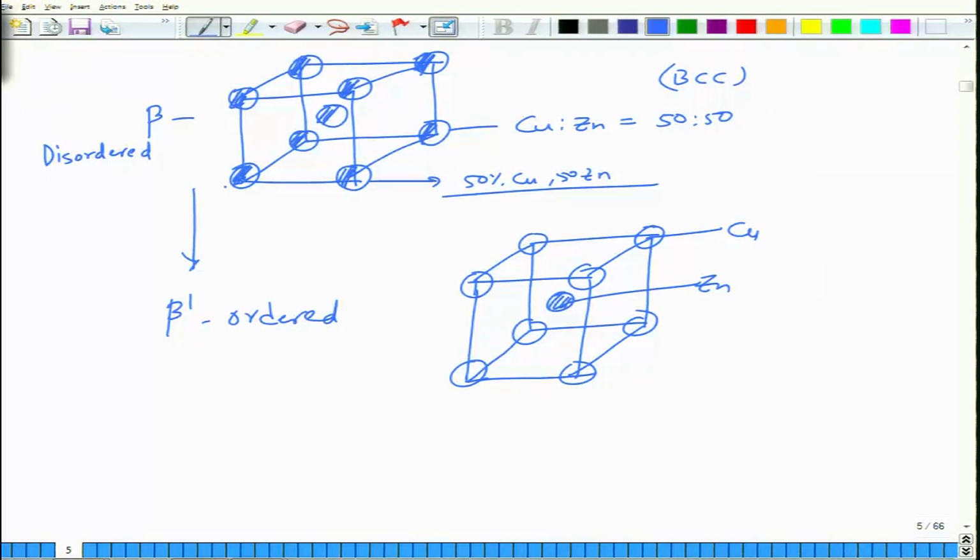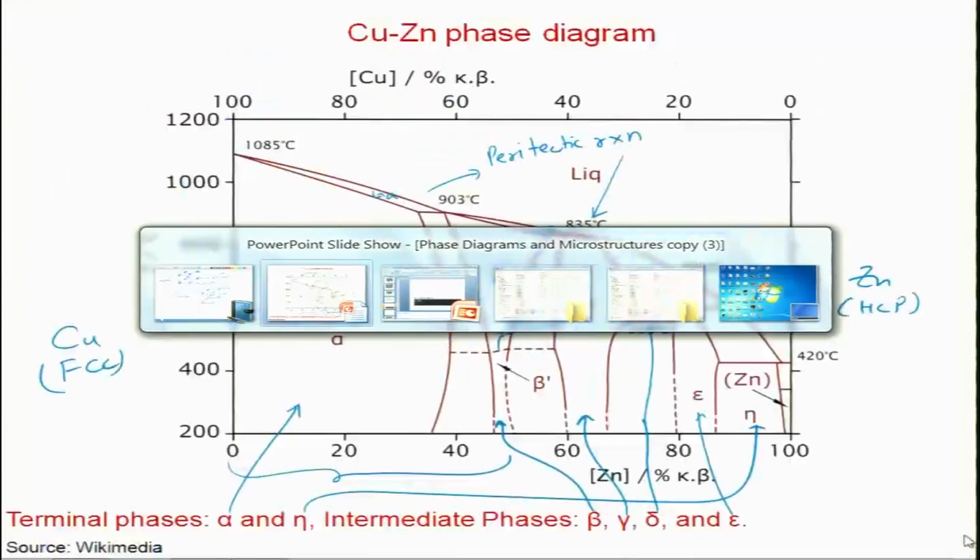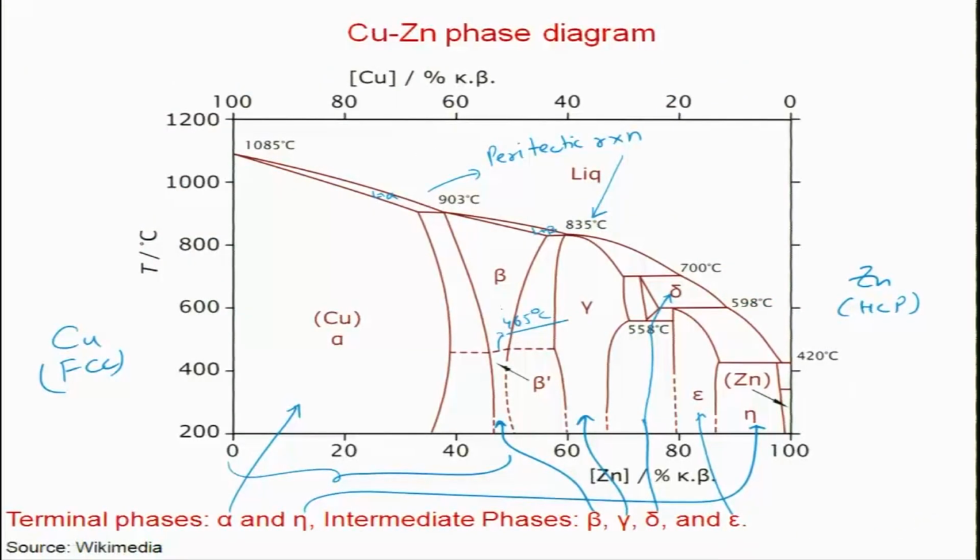Right. So, this is what is basically the transformation that happens at about 50% copper, 50% zinc, and this is what is evident in the phase diagram. It transforms from beta to beta prime phase, from disordered to ordered phase.